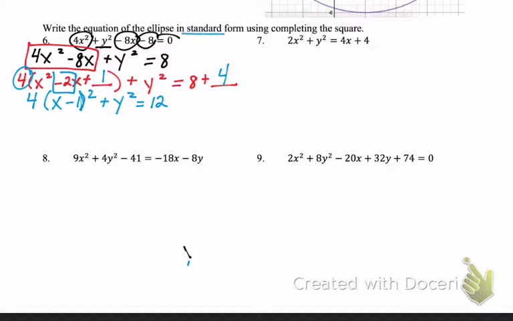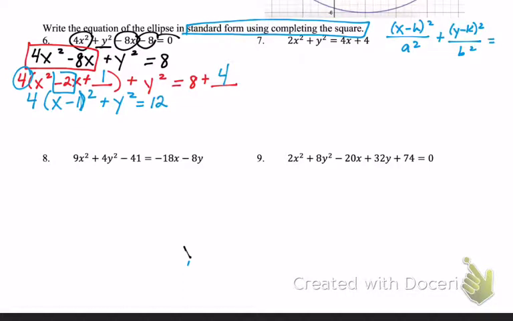Then I want to put it in standard form. So standard form is x minus h squared over a squared plus y minus k squared over b squared equals 1. So basically, once you complete the square, you want 1 on the right side. Right now I have 12.